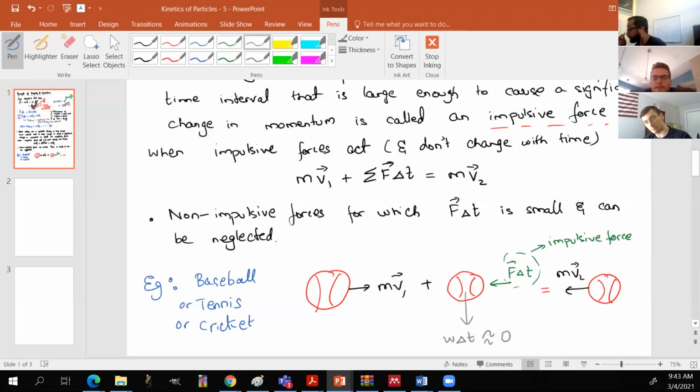That contribution, we're saying, is neglected, and also it's not in the same direction. You can say that it's really small, and you can neglect that, because W as compared to F is going to be very, very small. So here you can say that this is a non-impulsive force.